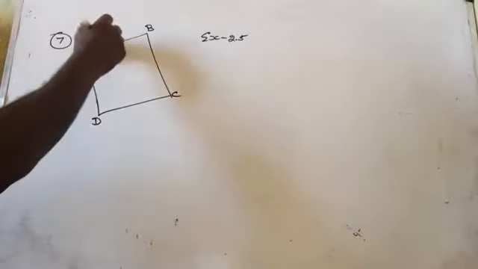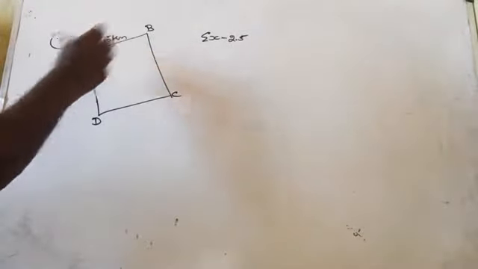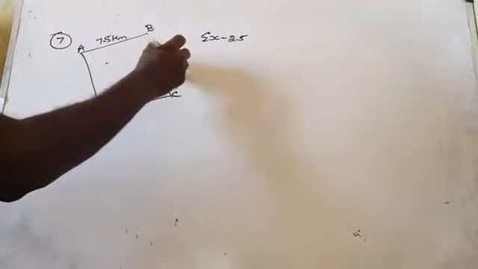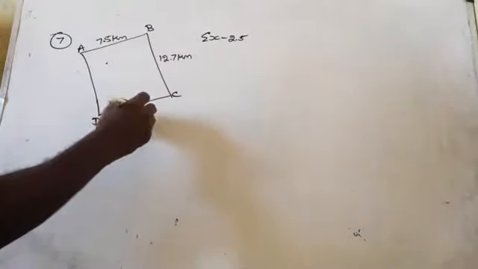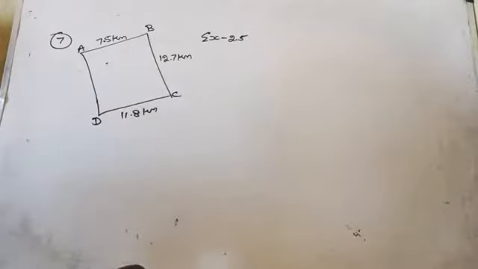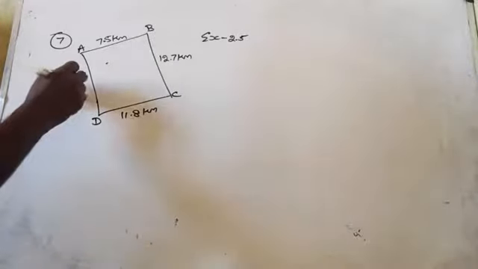A to B is 7.5 km, B to C is 12.7 km, C to D is 11.8 km, and D to A is 9.3 km.